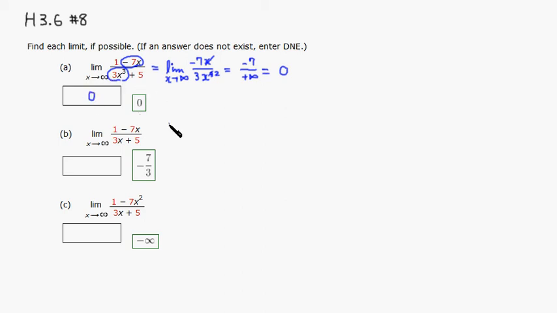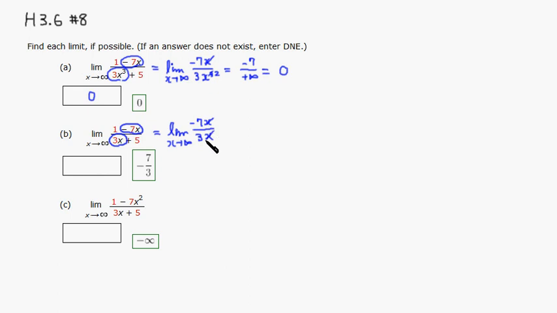In the same way, the leading term on top is negative 7x, but the leading term on the bottom is 3x. So if you take the limit of negative 7x over 3x as x approaches positive infinity, right?